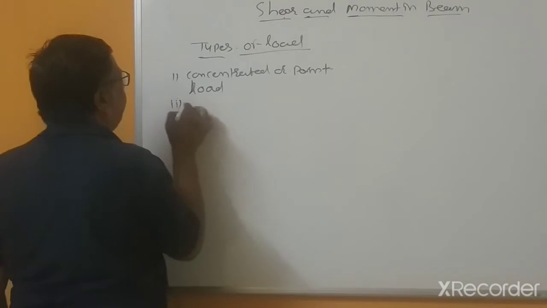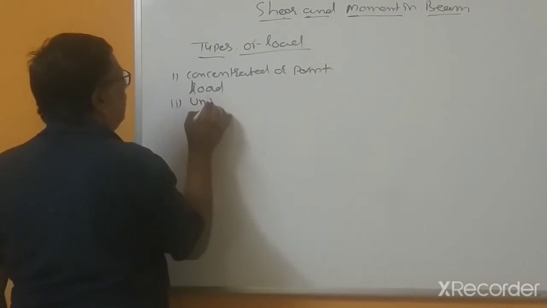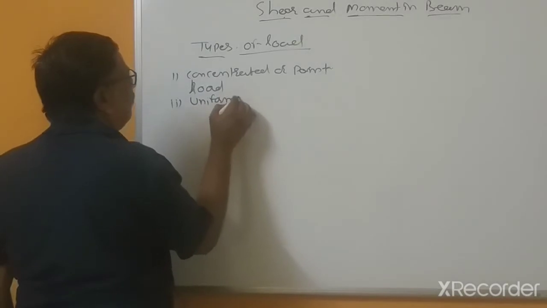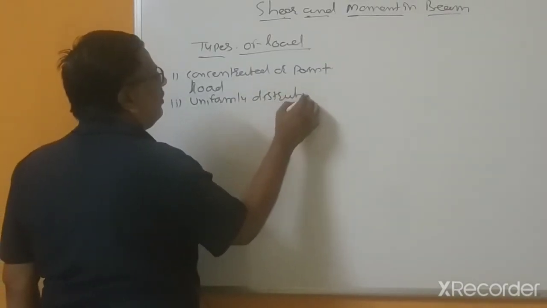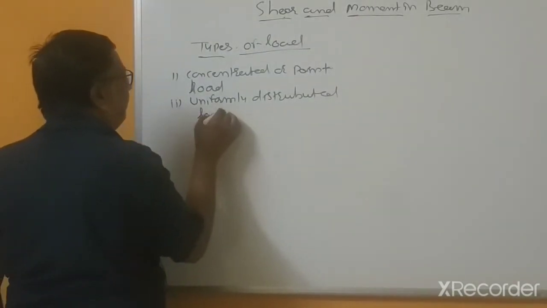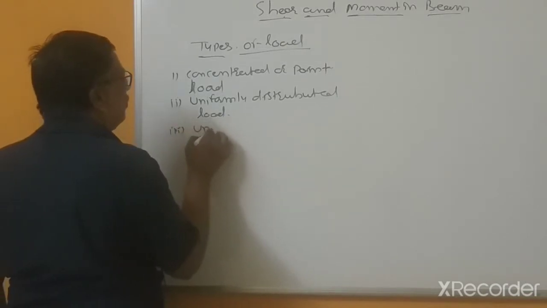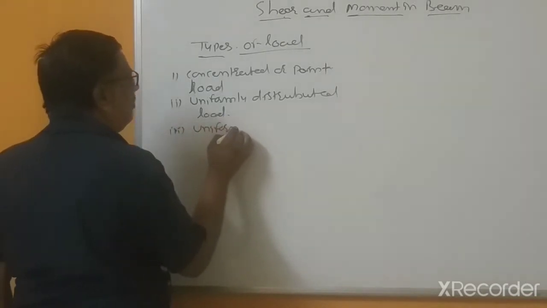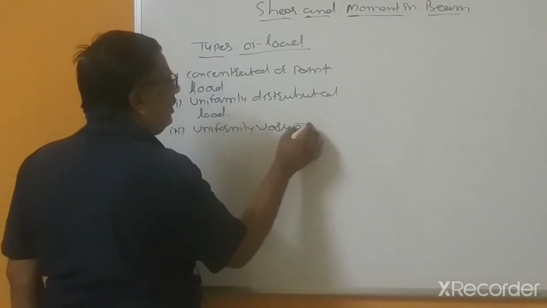Second, uniformly distributed load. And third is uniformly varying load.